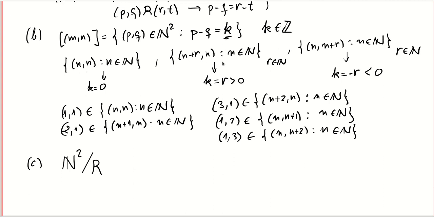Here are all the positive numbers, right? So 3, 1 is 2. It corresponds to 2, a positive number. And 1, 3 corresponds to negative 2. But again, these are natural numbers, as here. So the description of the integers, including the sign, is done with just natural numbers.